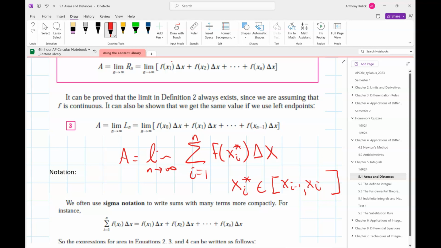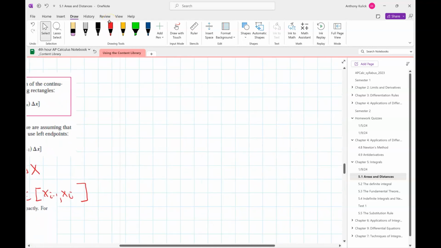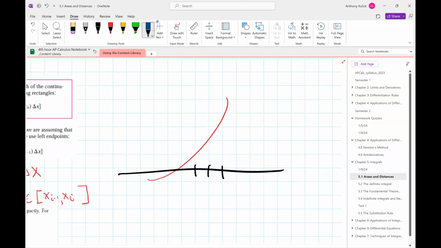I don't get what you just wrote. So we had this thing, and before we had been building our rectangles like this. What we're saying here is you don't have to do that. I can pick this value here, and then that value there, or I could pick this value here.